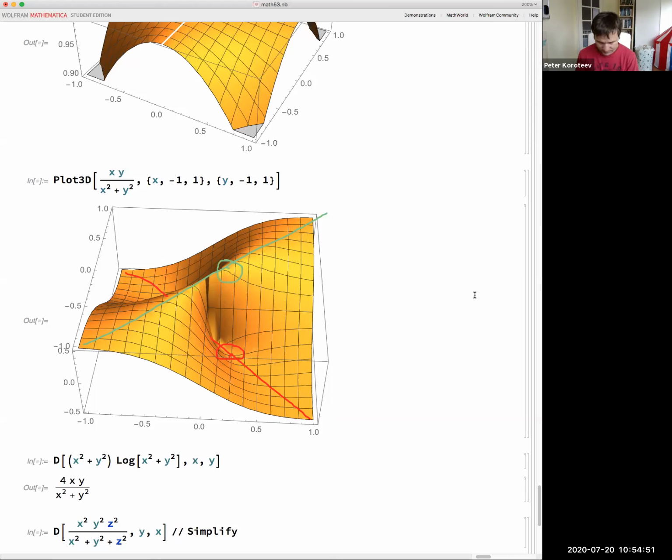So every point on the green line except the origin is a local maximum. Every point on the red line except the origin is a local minimum. That's right. So here, because the function is not differentiable, you have to do something different.